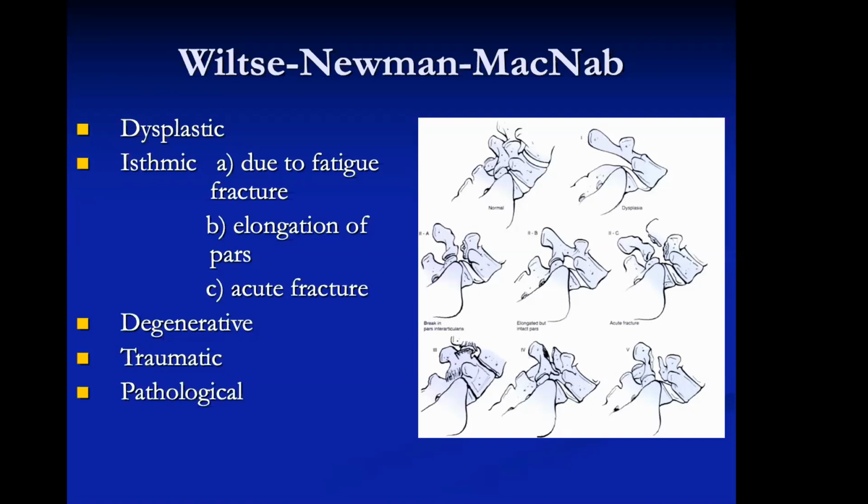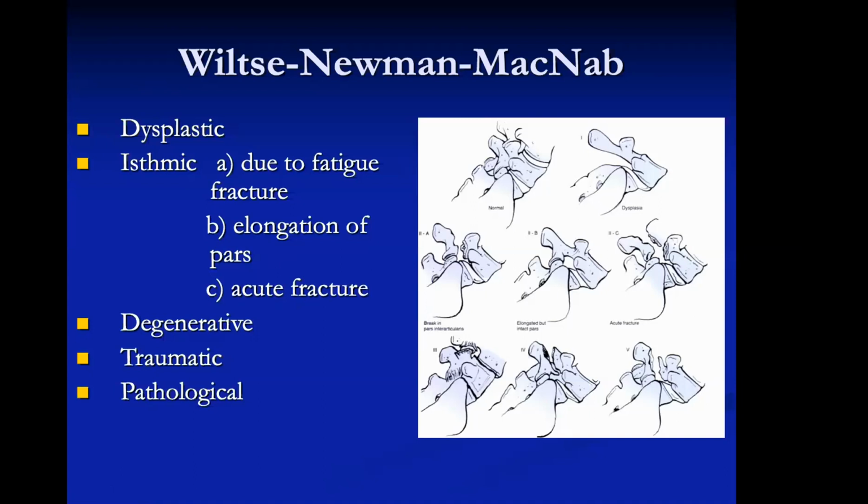Second is this fracture, acute fracture, that is marked under isthmic. That comes under a totally different category when we already have a category for trauma. Whenever there is a trauma because of which there is spondylolisthesis, you'll never get a uniform bilateral fracture along the pars.